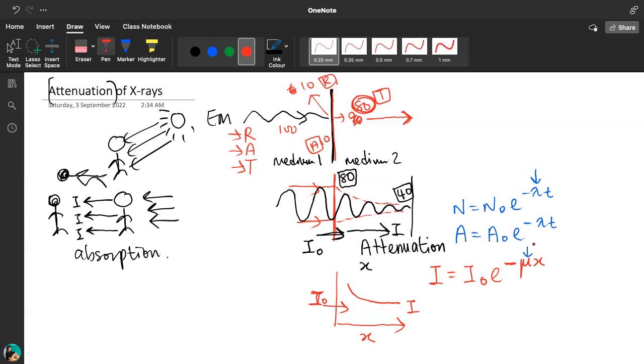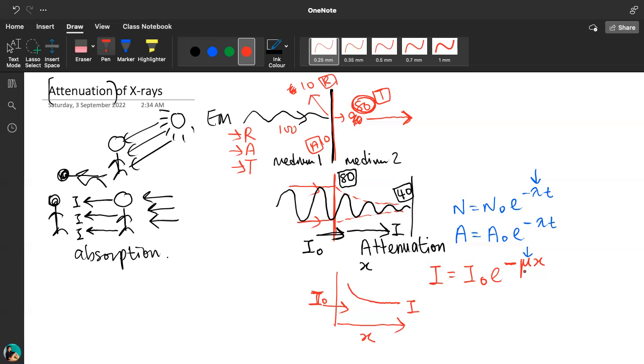You can think of it like how much damping the medium is causing. In the decay one, it's like the chances of decay. But in this case, mu is how much damping the medium is causing. That means if mu is large, the damping is very large.